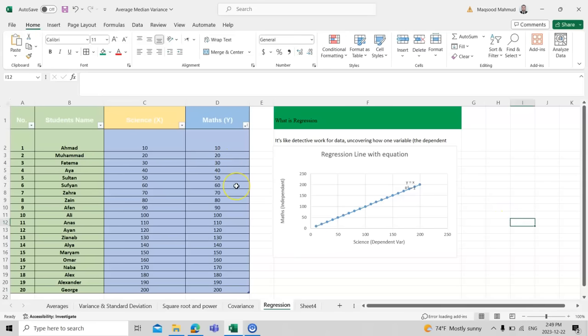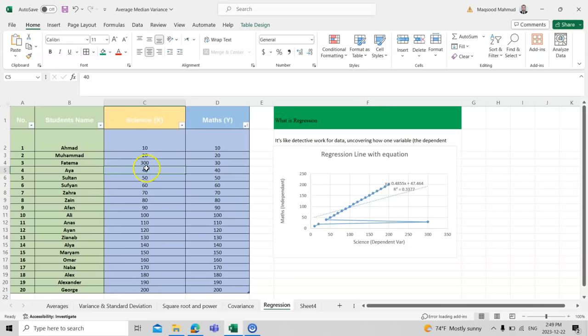Now, if I make some variation in the data, for example changing a value from 30 to 300, you see the data is changing. One of the points shifted from 30 to 300. Let's suppose the second point I also want to vary to 400. The second point also changed.